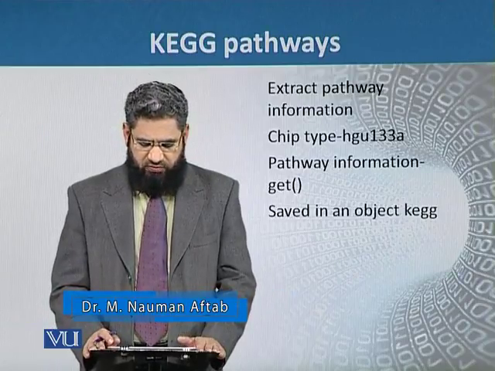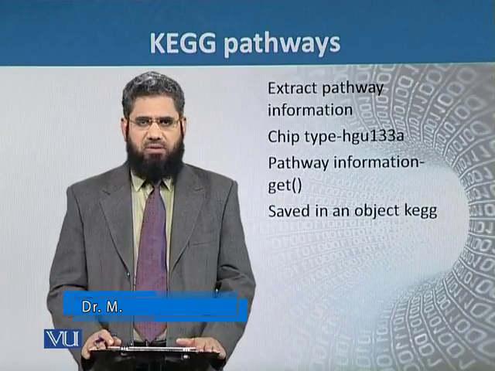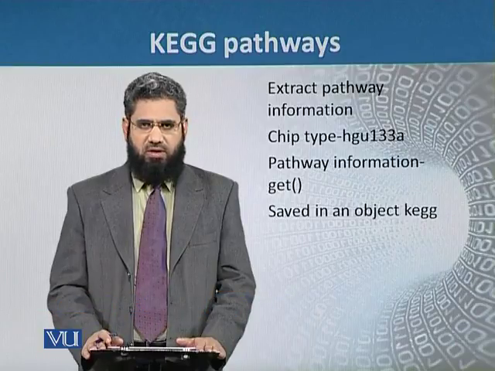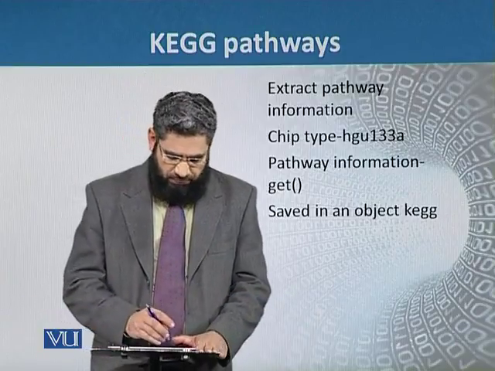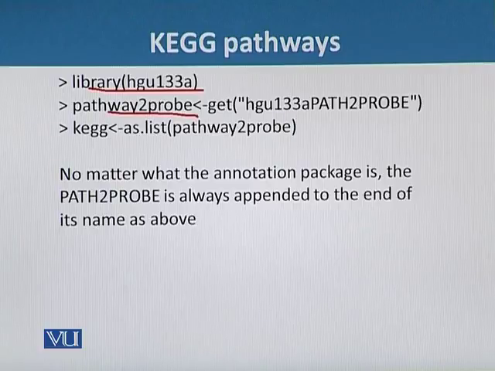After getting the information, we can save it as an object, and we can call that object KEGG. We have already seen that we are using the library hgu133a and the pathway path2probe, because we are going to extract the information regarding this pathway.